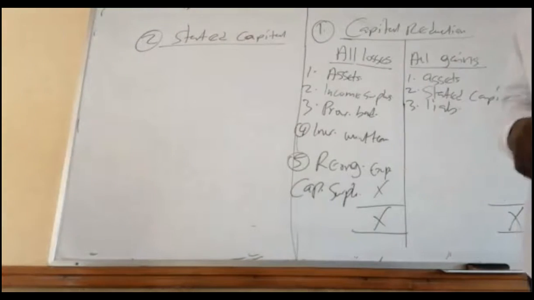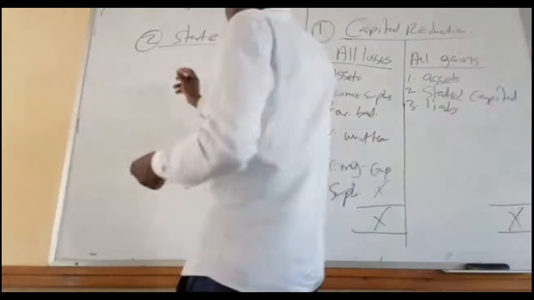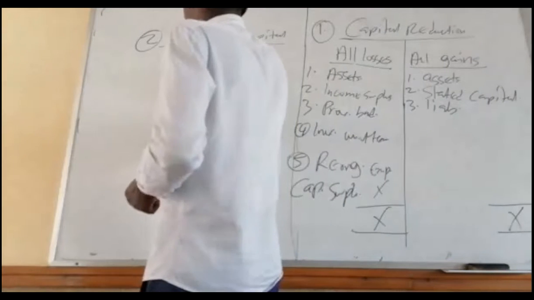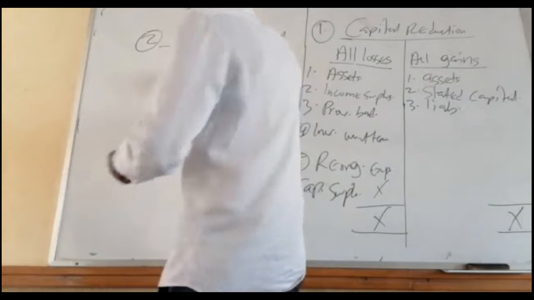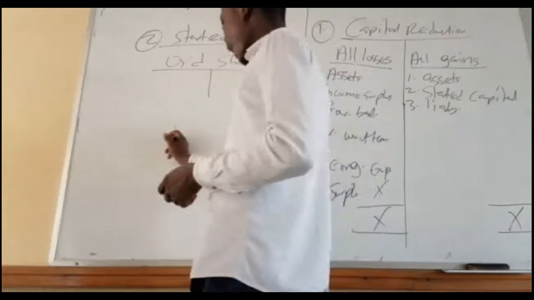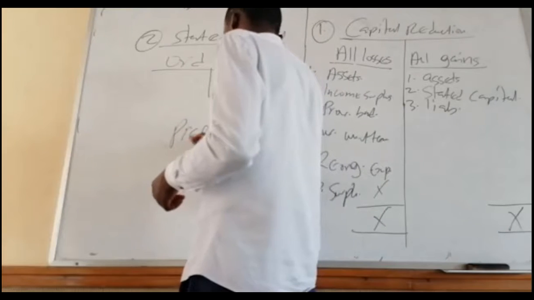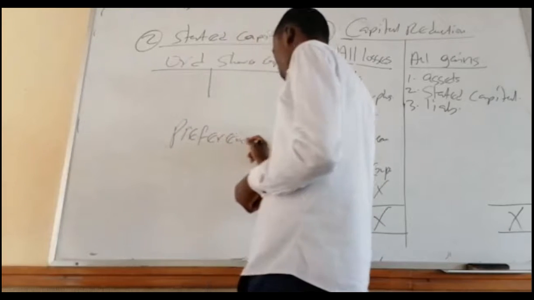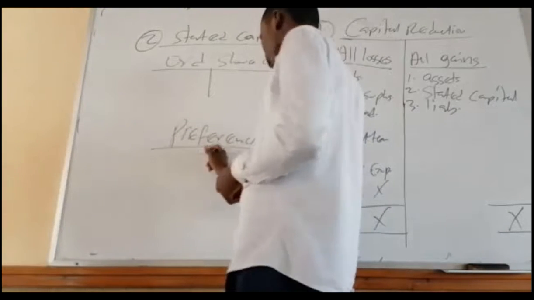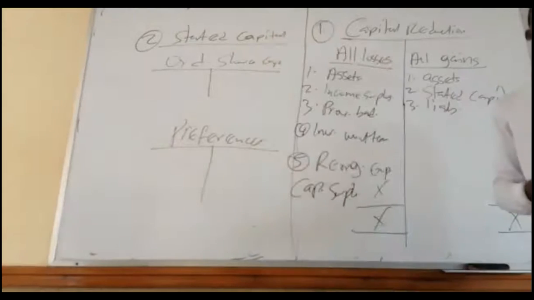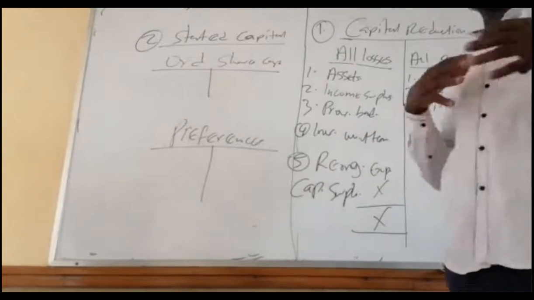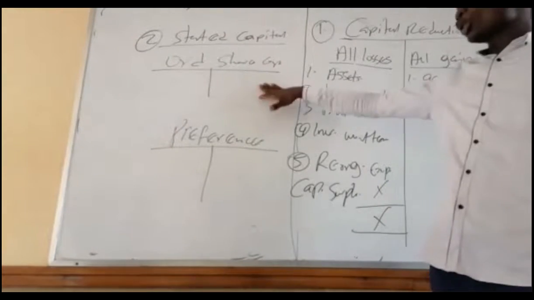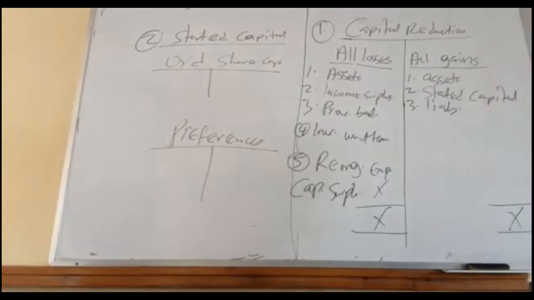One, the ordinary share capital account, and two, the preference shares account. So these are the two accounts involved, and these are the two items that make up the stated capital. So for the stated capital, we need to go by this and then you are done.